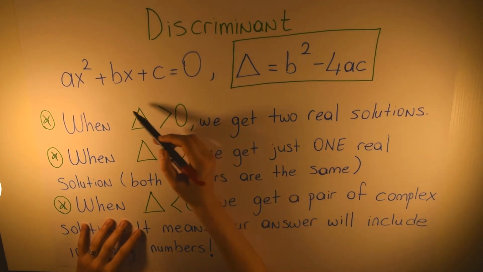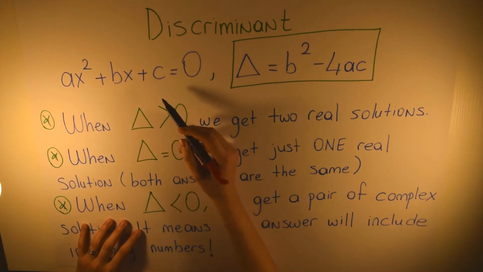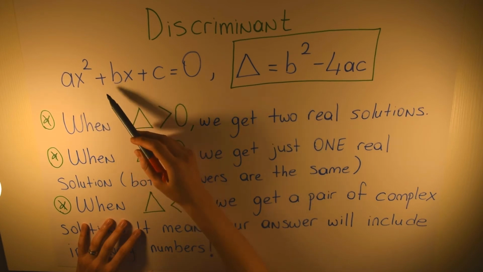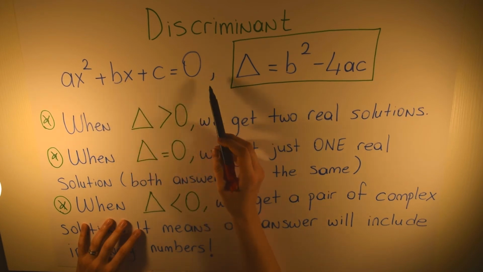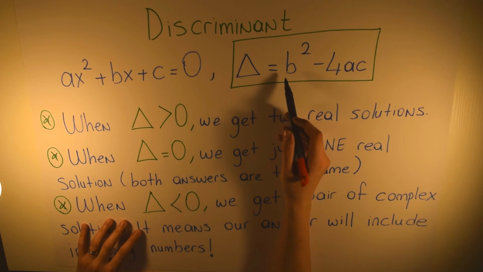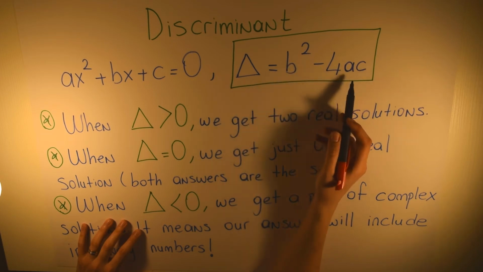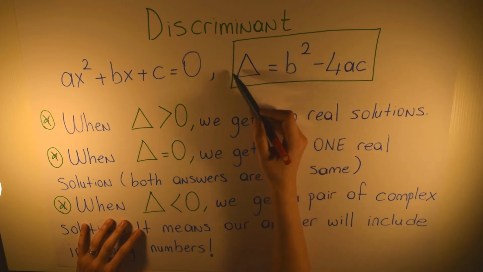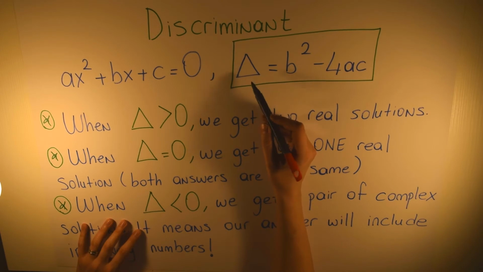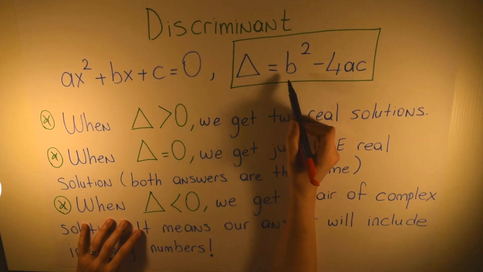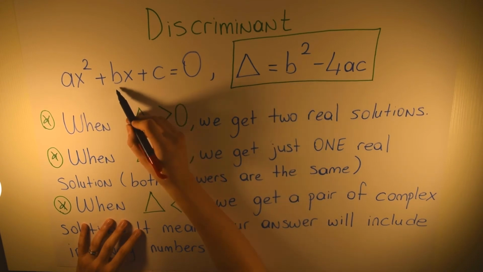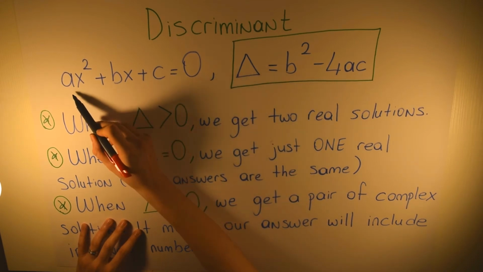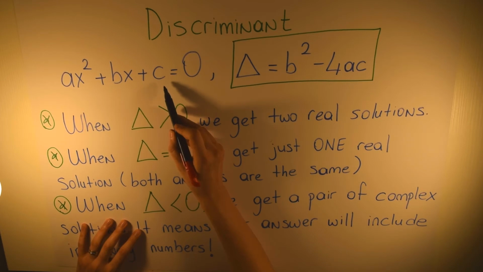Let's say this is our quadratic equation, ax squared plus bx plus c is equal to 0, and our discriminant is equal to b squared minus 4ac. This sign is the letter D in the Greek alphabet, also called delta, or you can just call it the discriminant. So the discriminant is equal to b squared minus 4 times a times c.